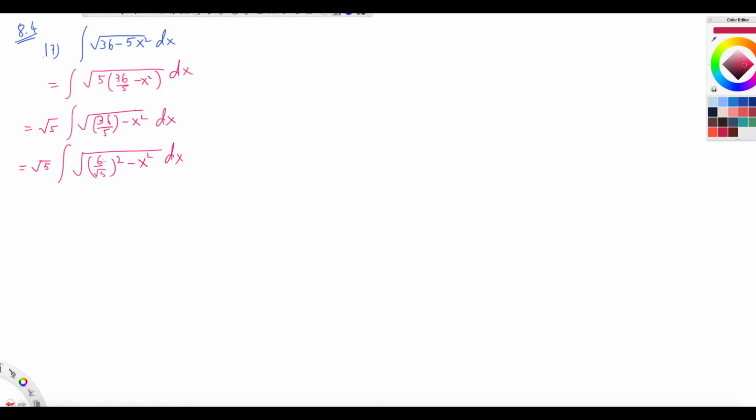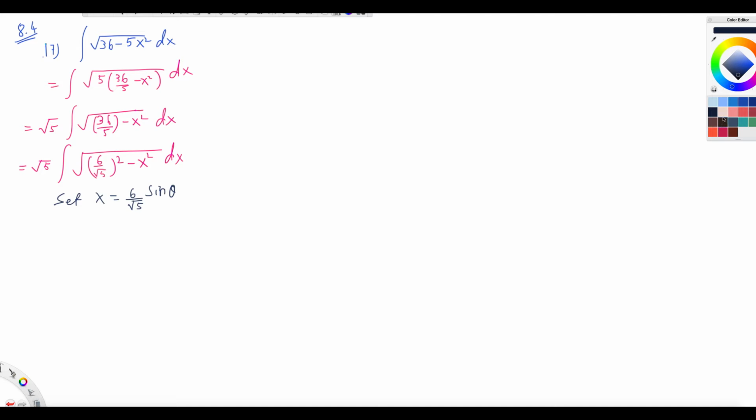So what you can write here is set x equals 6 over root 5 times sine theta. For the a squared minus x squared format, that's why it is a sine theta.